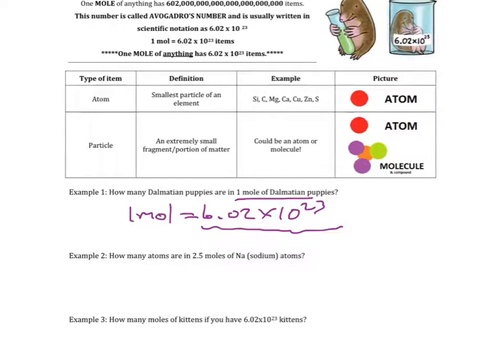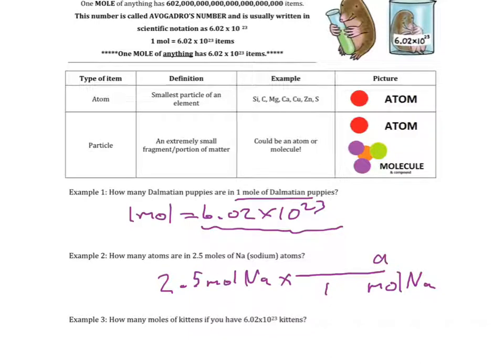Now, let's go ahead and talk about this next one. So how many atoms are in 2.5 moles of sodium? Well, again, 1 mole is 6.02 times 10 to the 23rd. And so if we had 2.5 moles of sodium, what we can do is we can convert that into atoms.